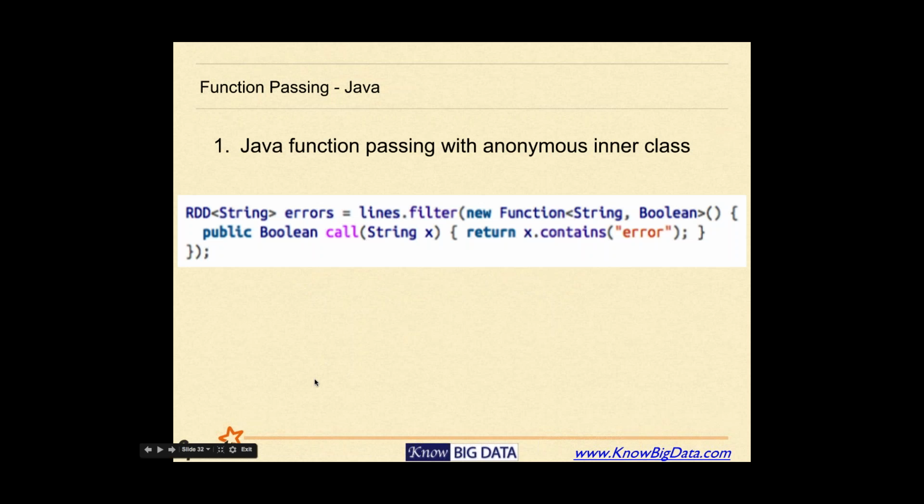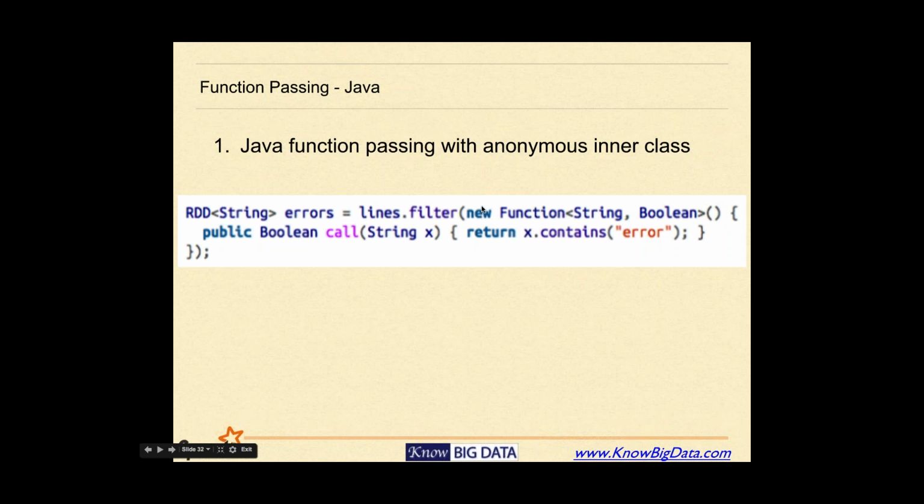All right. Java function passing with an anonymous inner class could be done this way, where we say lines.filter new Function. We are saying new Function, meaning we are trying to create an anonymous class by extending a class called Function. This Function here is a class and it's being extended anonymously at this point.